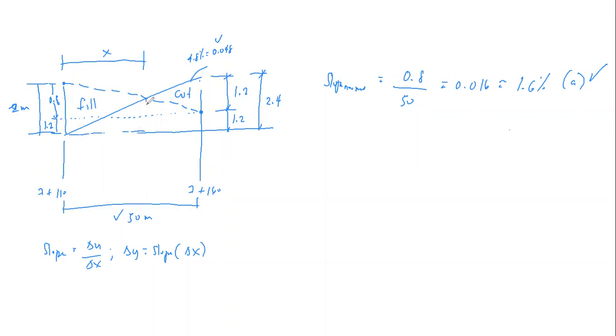So 0.048, the slope of this line, times x.